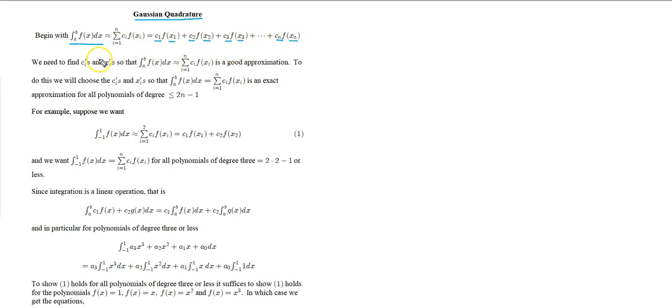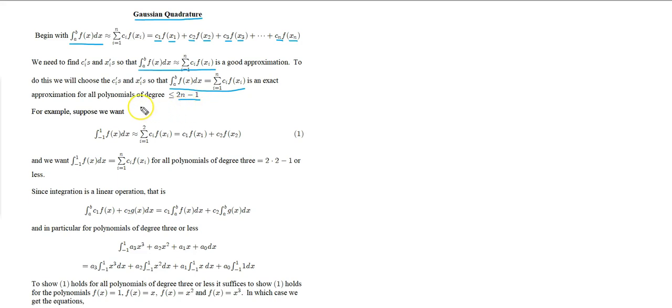So we want to find these ci's and xi's so that this is a good approximation technique. To do this, here's how we're going to handle it. We're going to try to find the xi's and ci's so that this integral is exact for all polynomials of degree 2 times n minus 1 or less.